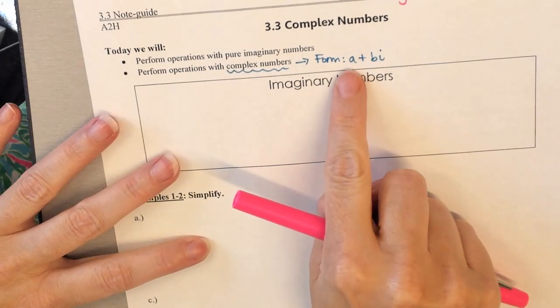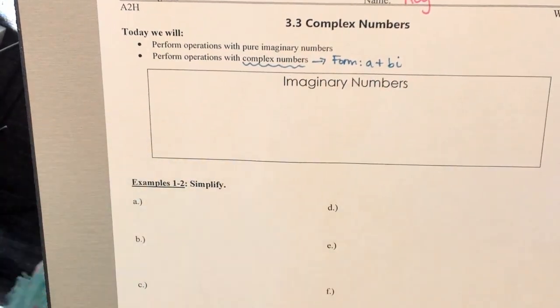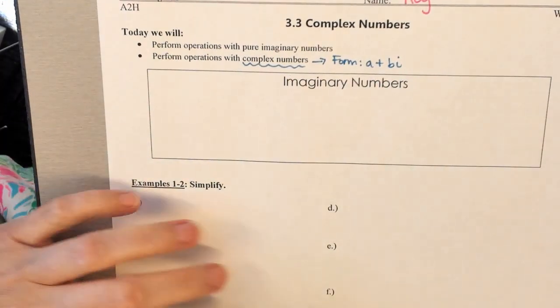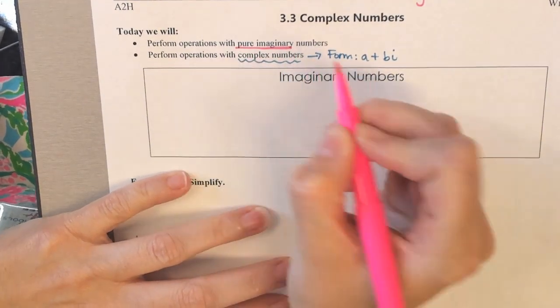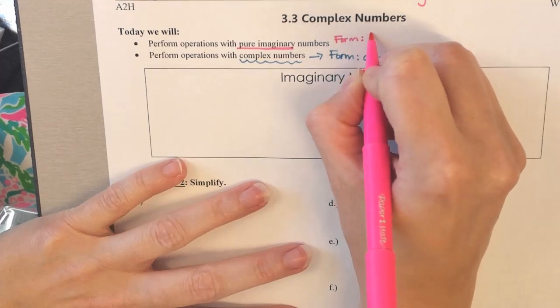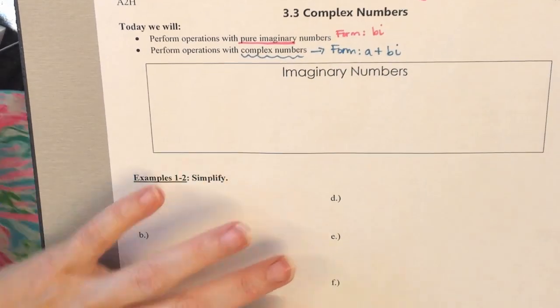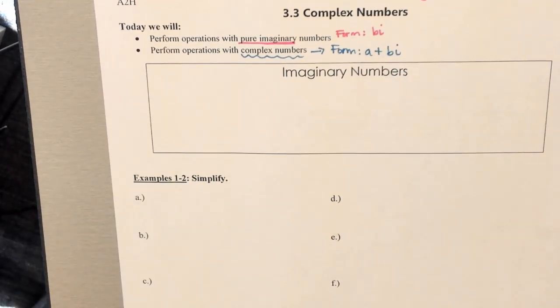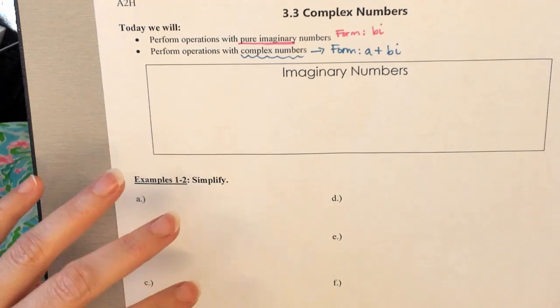A is the real number, and the BI is the imaginary. So when it says pure imaginary numbers, the form of that is just BI. There's no real number there. But I think it's helpful to know the complex is A plus BI. That's where it comes from, and that's why it's just the B in front of the I.